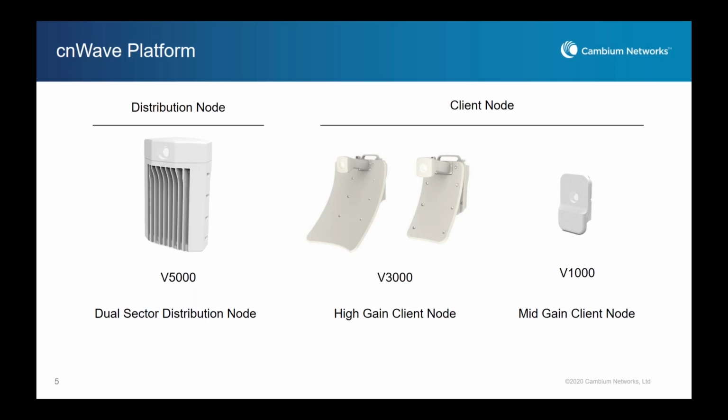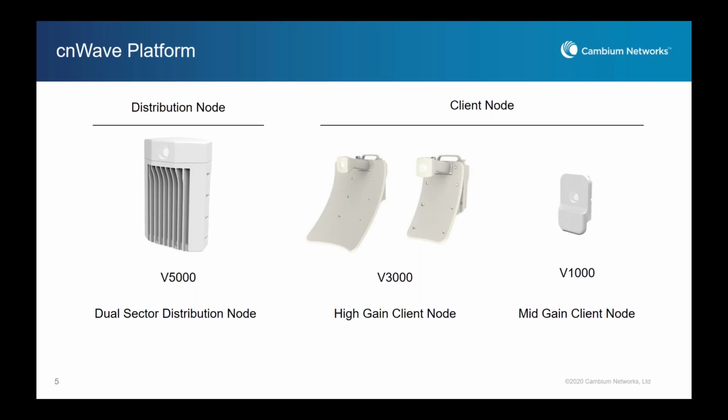Anthony will go into more detail on the really innovative approach to how we've designed that antenna and some of the benefits that you'll see as an operator. And then we'll also talk a bit about the V1000 as a really small form factor, lightweight, and really useful in those residential access deployments.